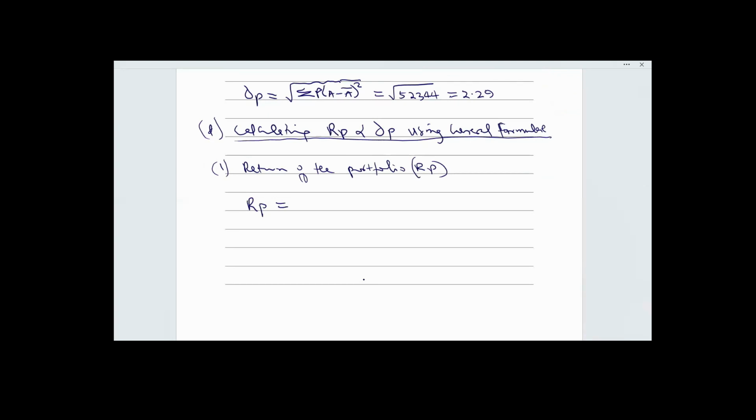To calculate the return of the portfolio, you multiply the proportion invested on security X by the expected return on security X, plus the proportion invested on security Y multiplied by the expected return on security Y. So we're investing 60% on security X multiplied by the expected return on security X.